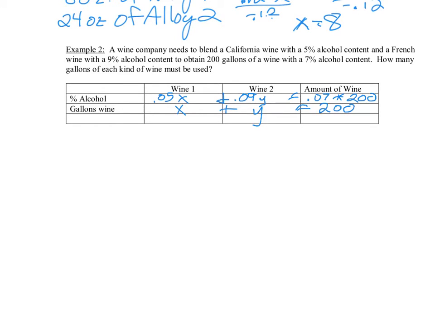All right, so how do we solve this? Well, y equals 200 minus x. We plug that in. 0.05x plus 0.09 times 200 minus x equals 200 times 0.07.